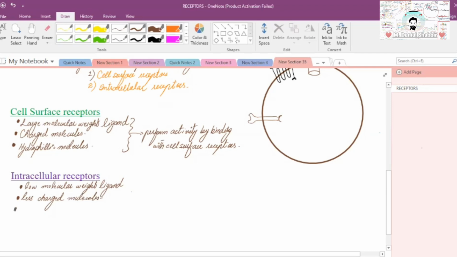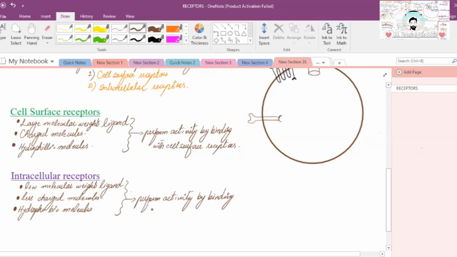The next is hydrophobic molecules, right? So all these ligands perform activity by binding with intracellular receptors.